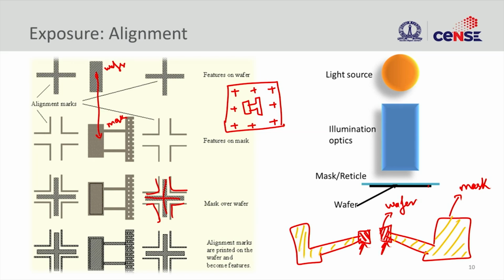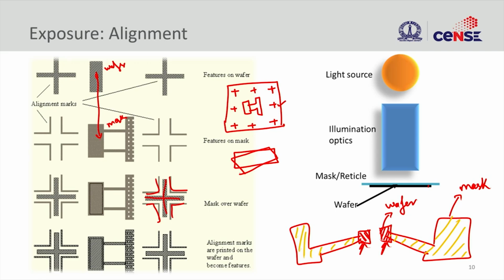These alignment markers are very important, not just to put these two structures on top of each other. They will also allow you to avoid any kind of rotation. You could have some rotational misalignment, and just the four corners may not be sufficient to take care of these alignment problems.